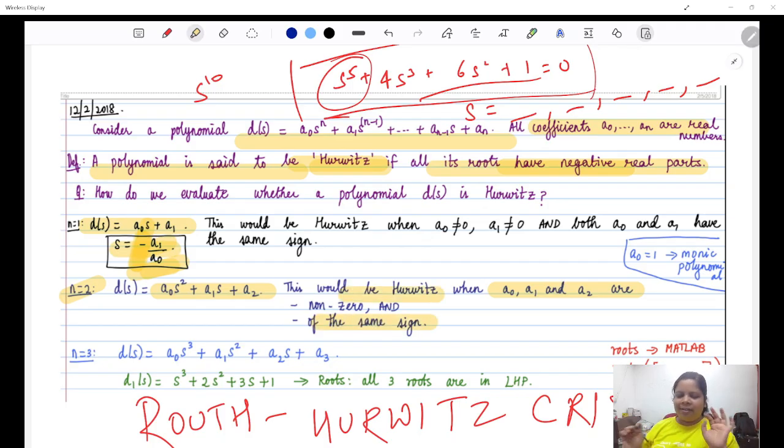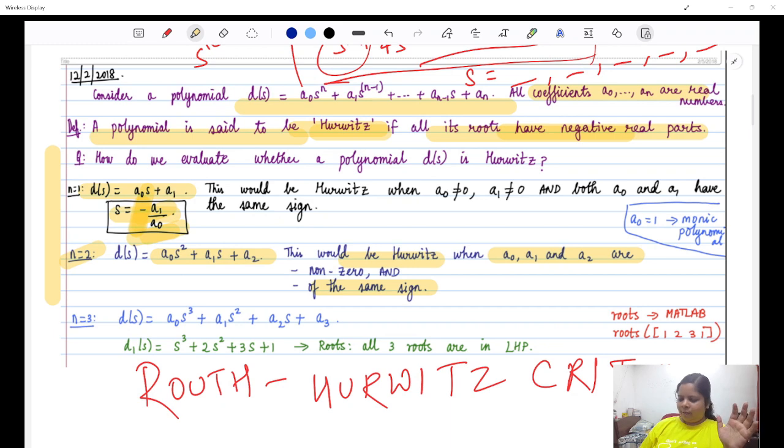If this happens for first and second order systems, you can definitely say that the system is stable, the roots of this equation have negative real parts, and the poles of this characteristic equation lie in the left half of the s plane. Any doubt in this? Okay.